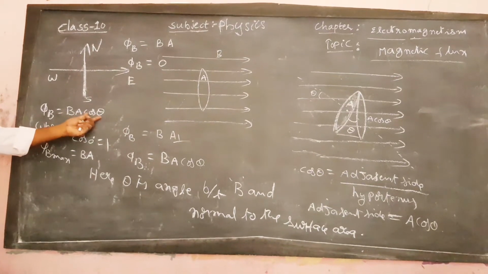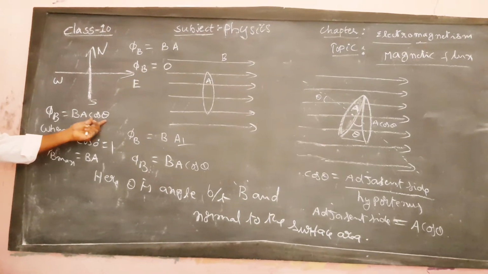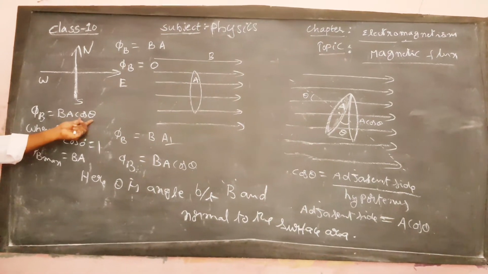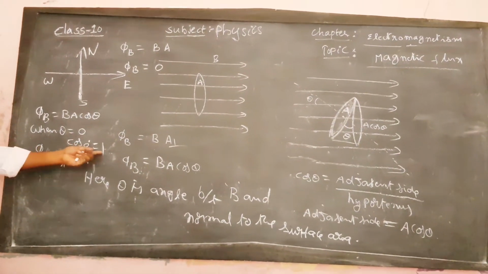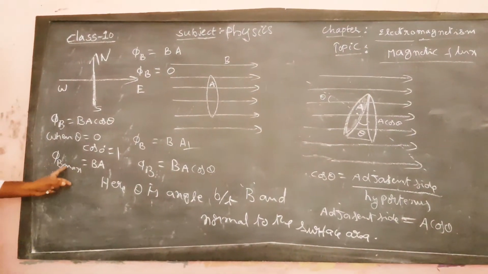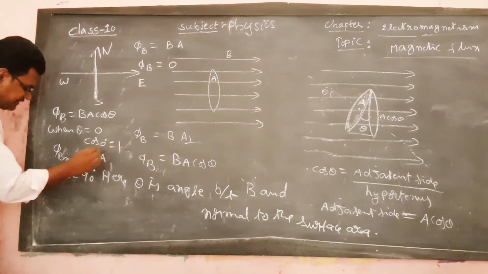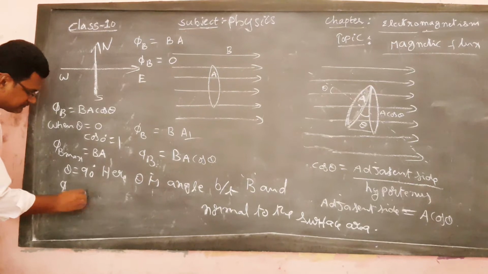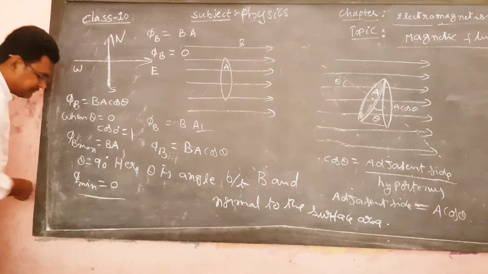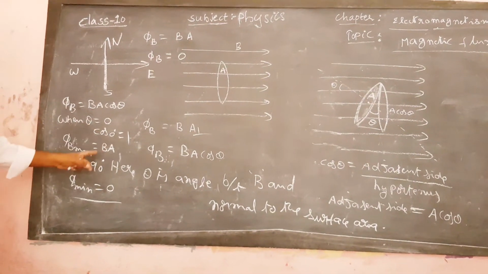Cos theta lies from -1 to +1, so flux becomes maximum for cos theta equal to 1, which is when theta is 0 degrees. When theta is 90 degrees, the flux is minimum, since cos 90 is 0. The minimum magnetic flux is 0, the maximum magnetic flux is BA.